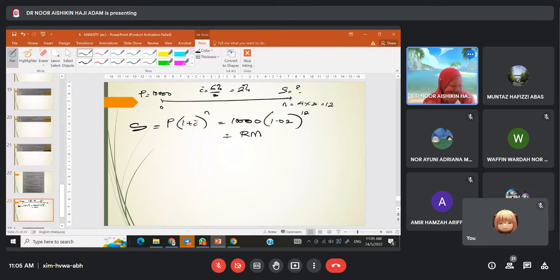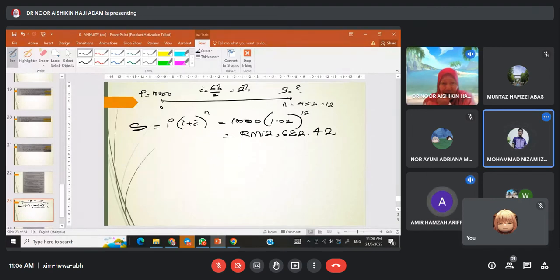How much is S? RM12,682.42. Betul. Dapat tak ni kelas? Dapat. Okay. And that becomes the down payment for the shop lot that he's buying. Betul?